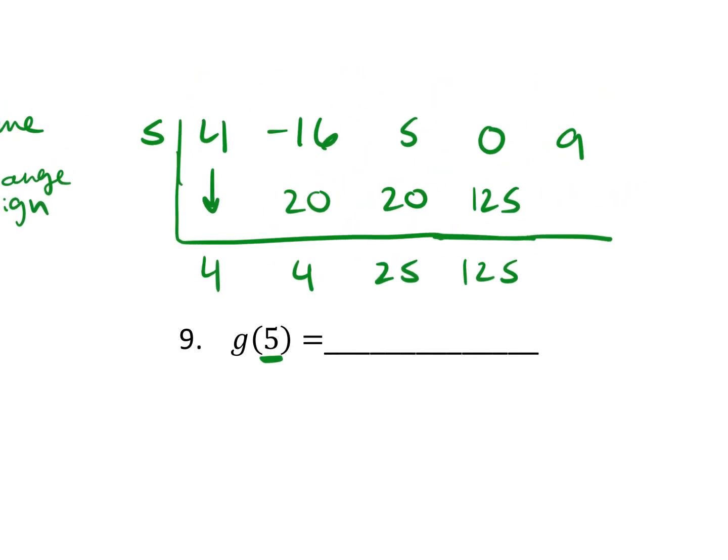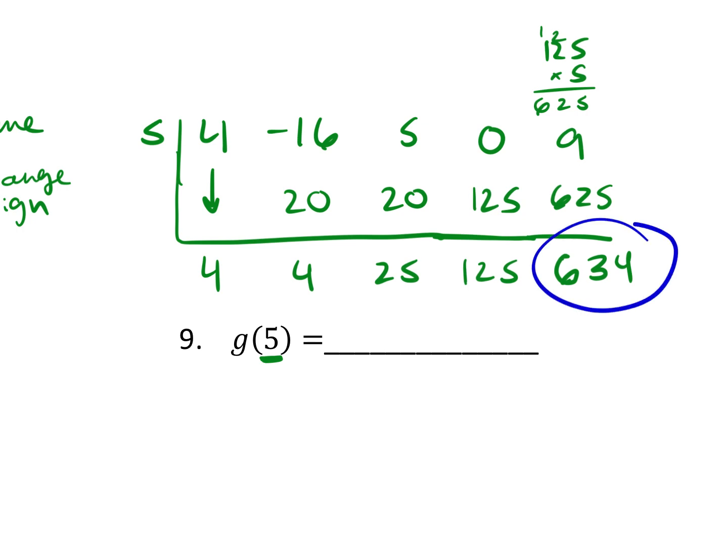Let's write it down: 125 times 5 is 625. And 625 plus 9. Oof. 634. So when it says use the remainder theorem to evaluate, just the remainder is our answer, 634.